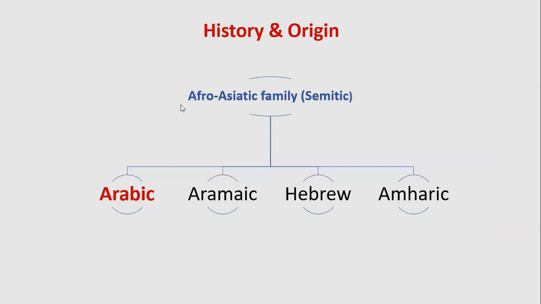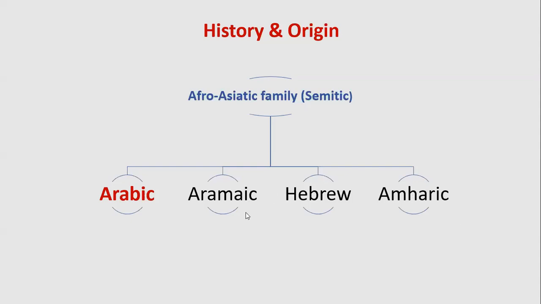Okay, the next point is the history and origin of the Arabic language. Let's take a look at Arabic history. The origin of the Arabic language, or the language family, is called the Semitic language or Afro-Asiatic family. So we have Arabic, Aramaic, Hebrew, and Amharic.